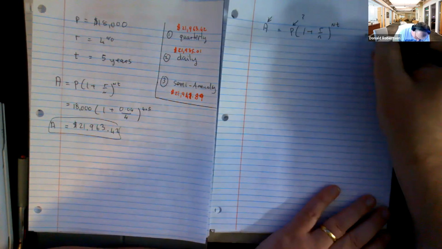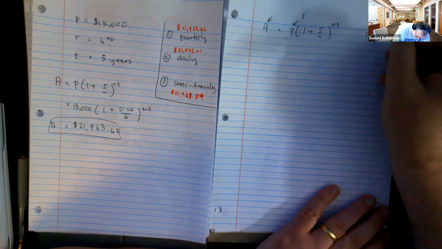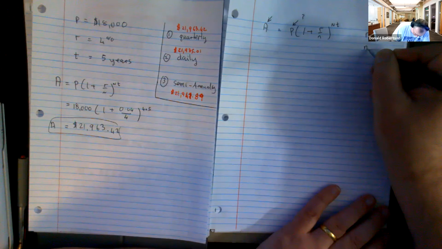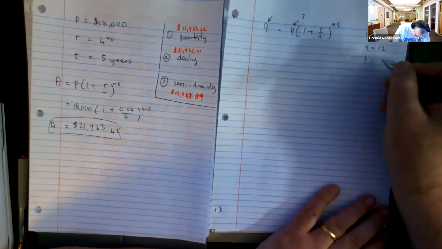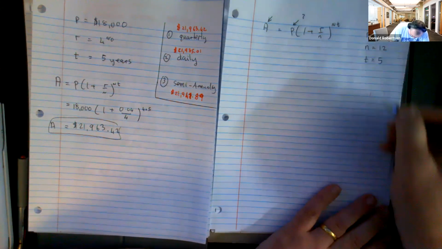So let's say the interest rate is still 4%, and you're going to get paid monthly, so there's 12 payments, right? And it's still going to be, let's say, 5 years.